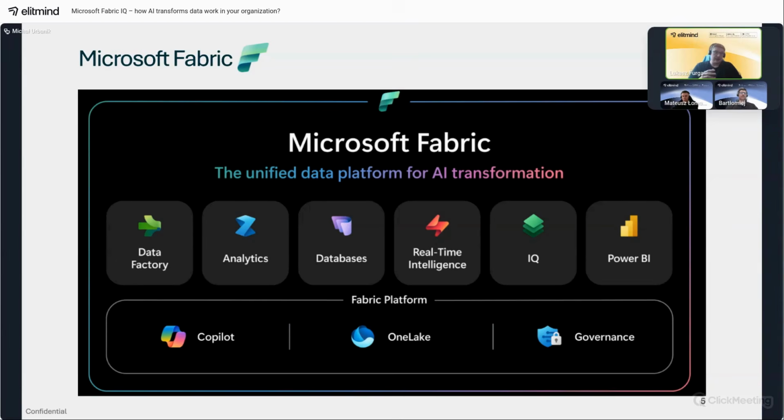On the slide, at the top of the diagram, there are core Fabric workloads such as data factory, analytics, databases, real-time intelligence, IQ, and Power BI. Each workload provides specialized capabilities tailored to different analytics tasks.